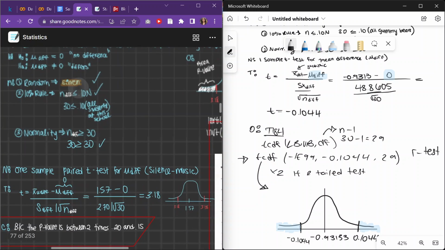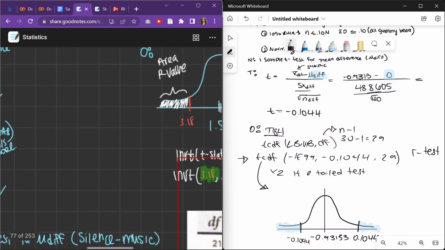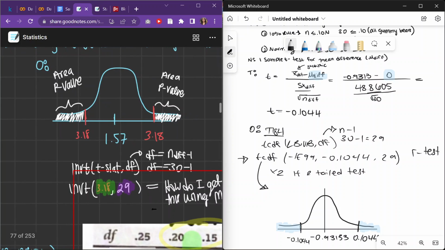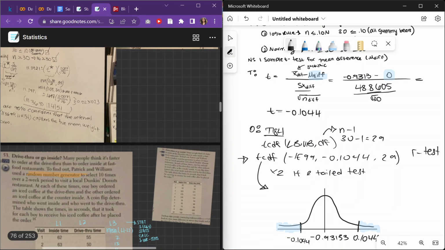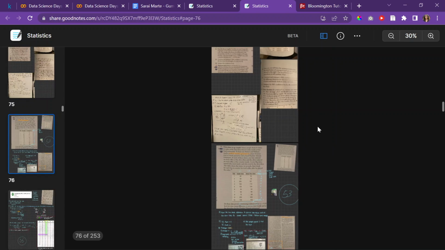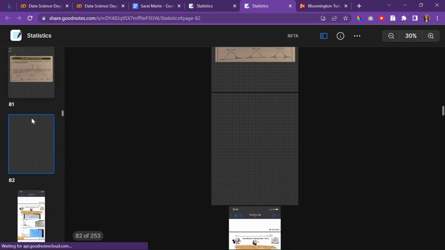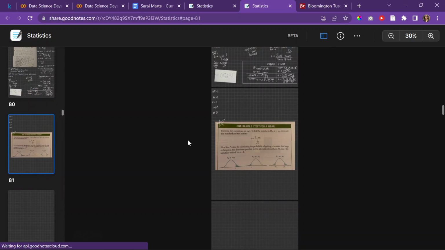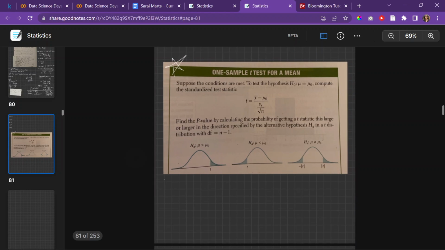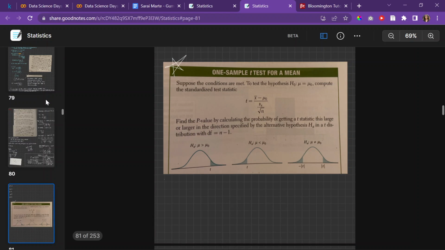I know I wrote it down somewhere. Let me see real quick. Oh, would you look at that, tell me how I just end up on this page.